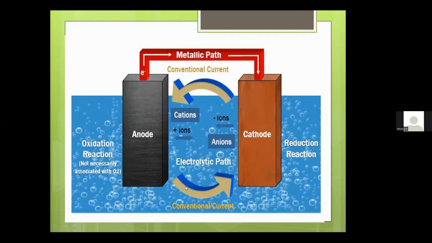We should know the conventional current flow, which is in this direction: from the anode to the cathode inside the electrolyte, and from the cathode to the anode in the external circuit or in the metallic path.